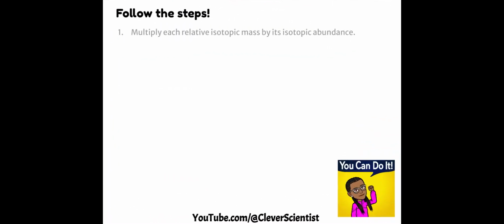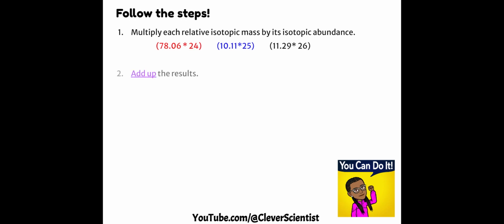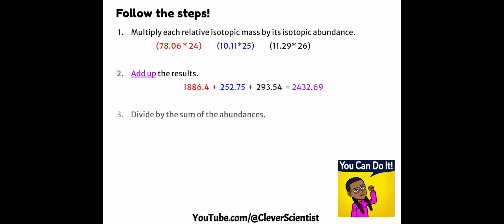Follow the steps. Multiply each relative isotopic mass by its isotopic abundance. So we had 3 isotopes. So here we go. We've got magnesium 24, 25 and 26. The percentages were given to us in the question. Then we add up the results.